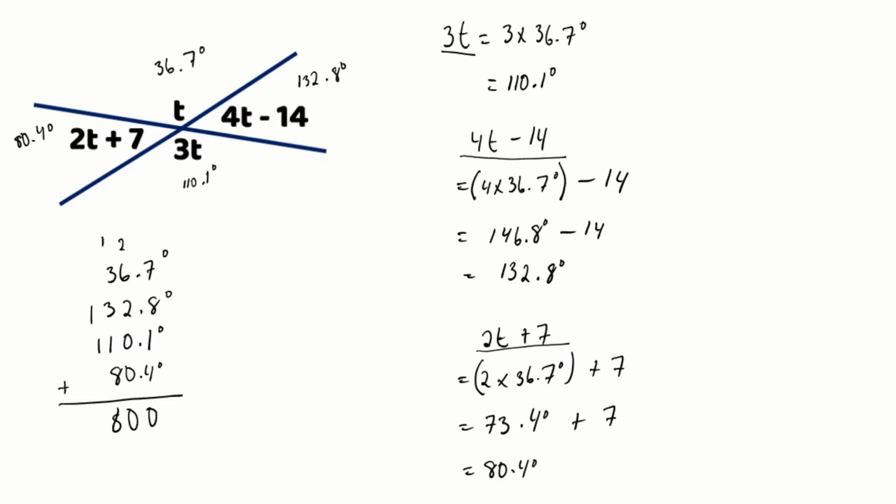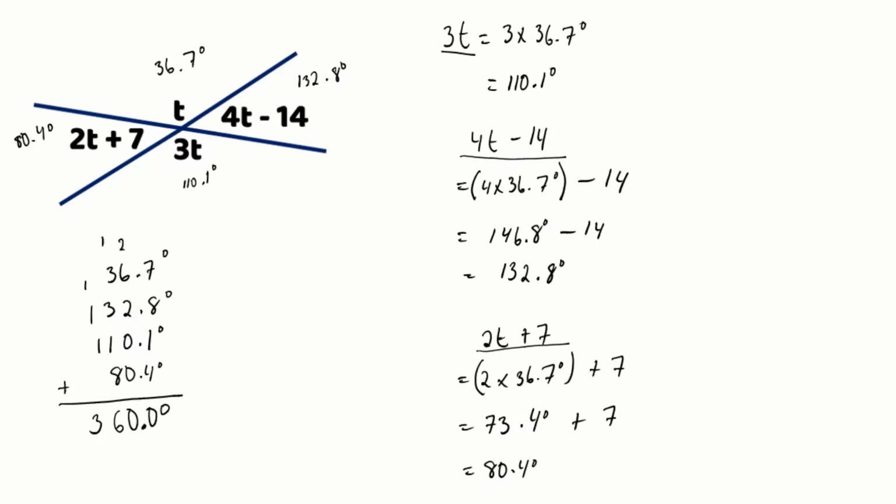And 1 plus 1 is 2, and 2 plus 1 will give us 3. And remember, we drop our decimal point right down the center and add in my degree symbol.